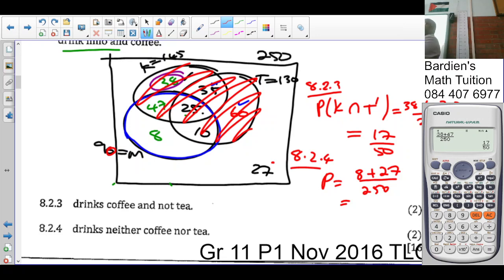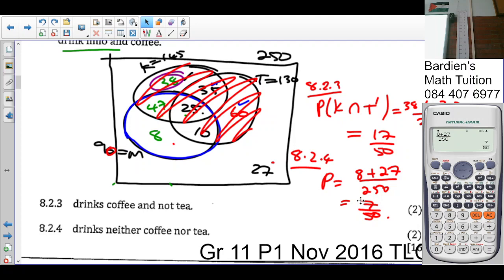Everything else stands. You see, if it had said drinks neither coffee nor tea, but one of the beverages, then I would have considered 8 only. Okay. So that will give you an answer. 8 plus 27 over 250 gives you 7 over 50. Okay, any confusion there?